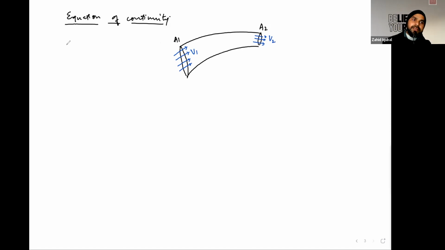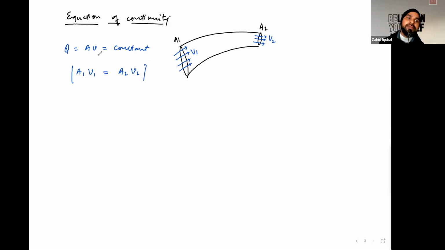So Q is equal to area into velocity, which is equal to a constant in this part. Q is called the rate of flow of liquid. So we can say area times velocity must be equal, or the amount of liquid entering per unit time must equal the amount of liquid ejecting per unit time.